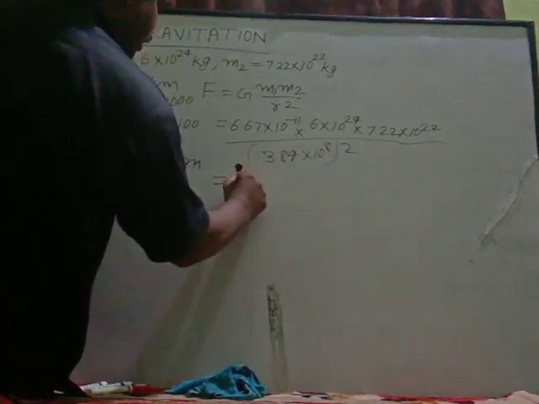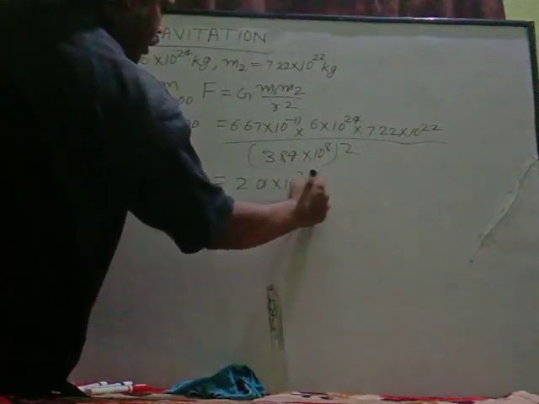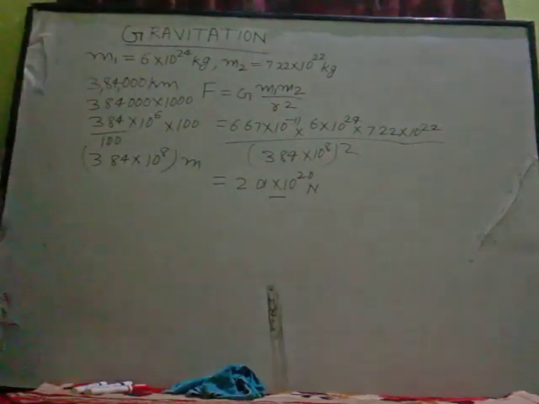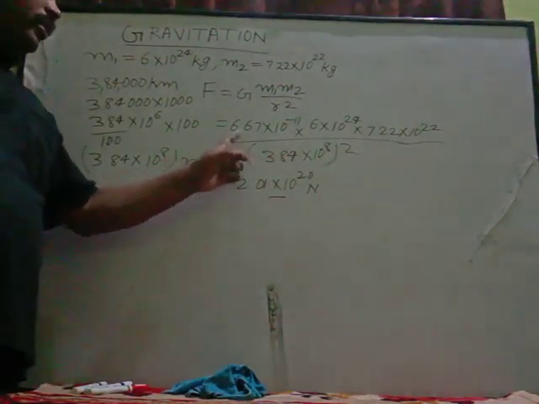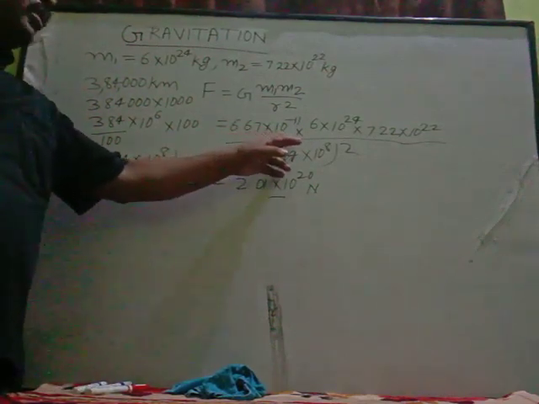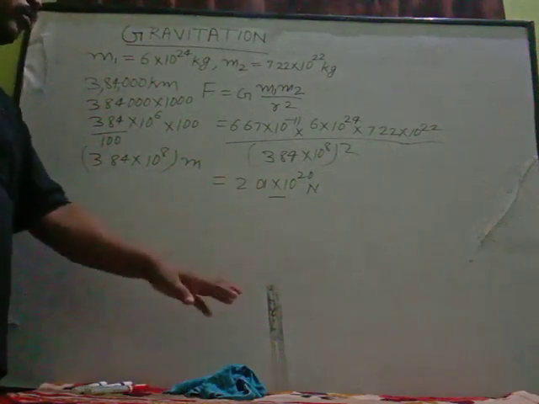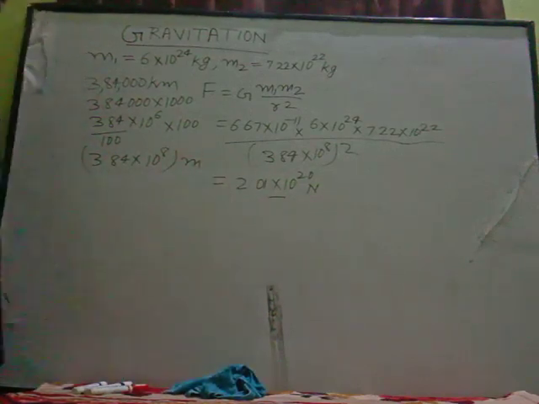This much: 2.01 into 10 to the power 20 Newton. After simplification you will get this. See, this data must be correct. If it differs a little bit, no problem, even you can get marks.